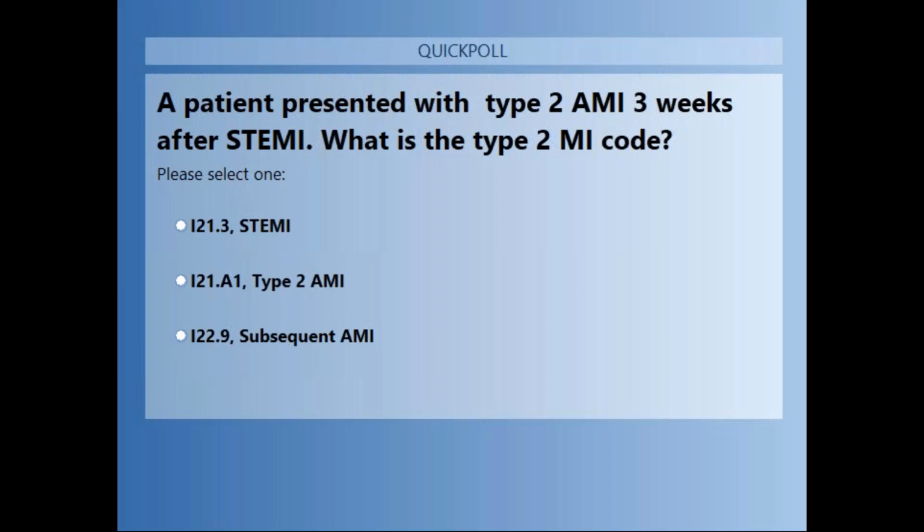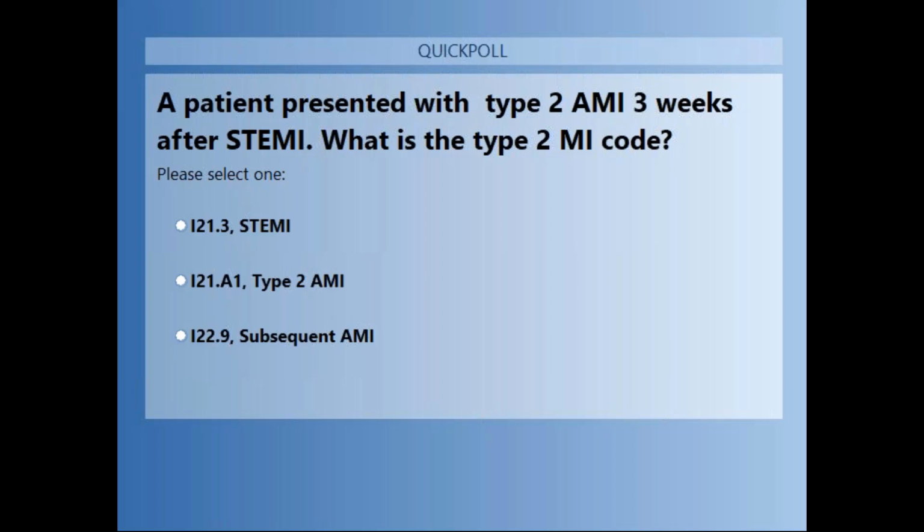I'm going to read it one more time. A patient presented with type 2 AMI 3 weeks after STEMI. What is the type 2 MI code? Is it I21.3 STEMI, I21.A1 type 2 AMI, or I22.9 subsequent AMI?